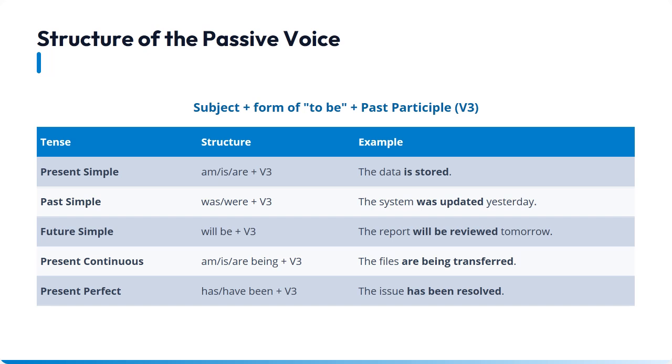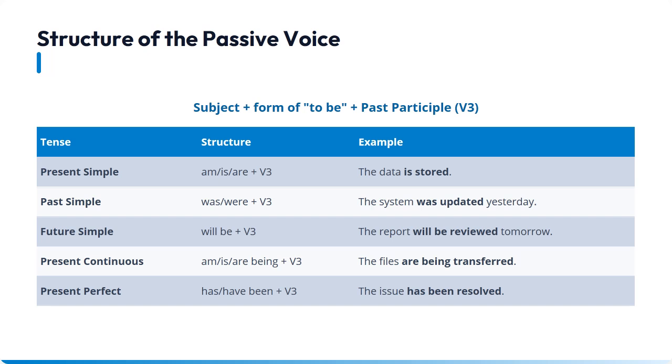However, if the action will be done in the future, we use the verb to be in the future simple, that is to say will be, plus the past participle. The report will be reviewed tomorrow. If the action is done now, at this moment of speaking, we use the present continuous.